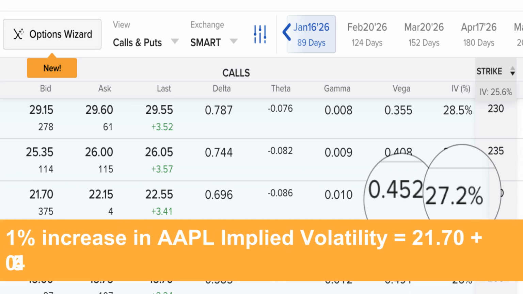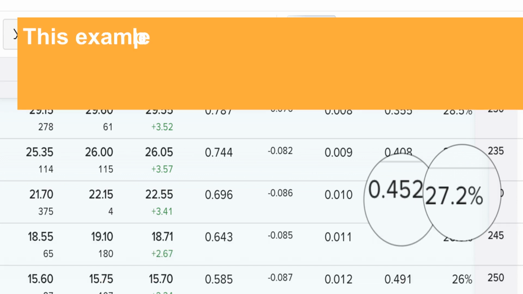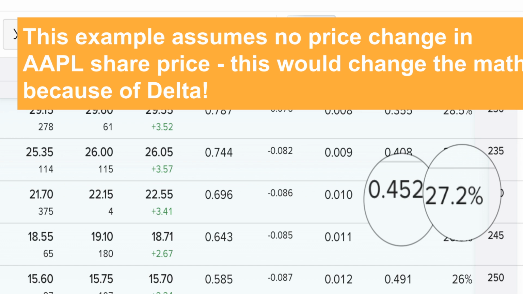If that increased to 28.2%, the value of our call option would increase by 0.452. And likewise, if implied volatility decreased to 26.2%, the value of our call option would decrease by 0.452. Now, it's important to understand that we're assuming the share price hasn't moved in this example. Obviously, if the share price moves, the delta impact comes into it as well.